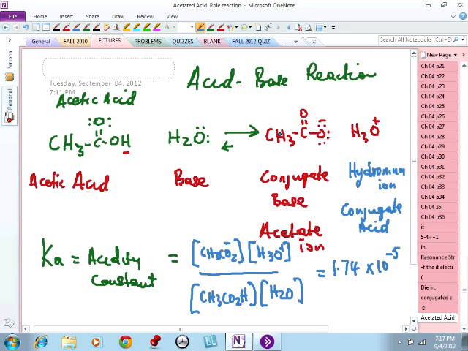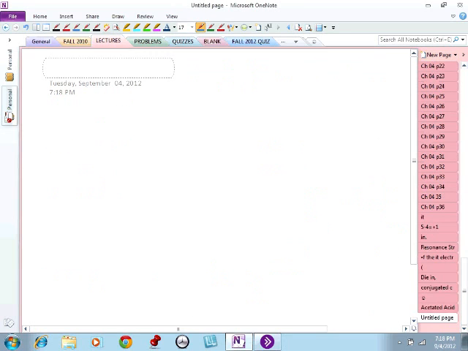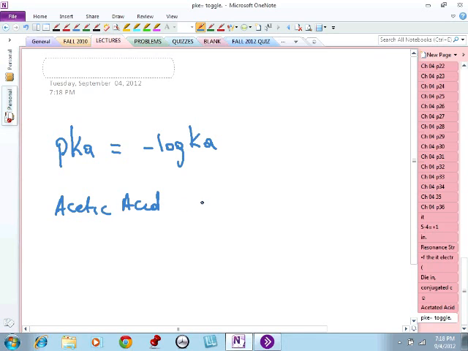Now, to find the relative acidity for different molecules, we convert this acidity value to another unit we refer to as the pKa, which is the negative log of Ka. You don't need to remember all that. In the case of acetic acid, the pKa is about 5.